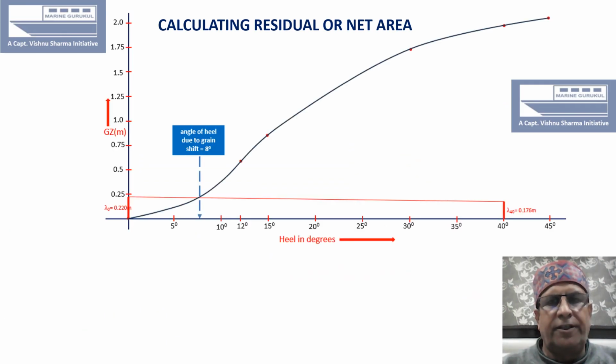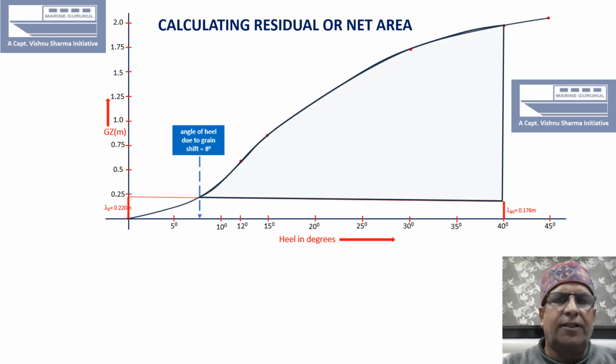Now we calculate the residual area between 8 degrees and the lesser of angle of flooding, which is given in the question, angle of maximum separation between the ordinates of the two, which is given in the question, and 40 degrees. If we compare all the three, we get 40 as the least value.